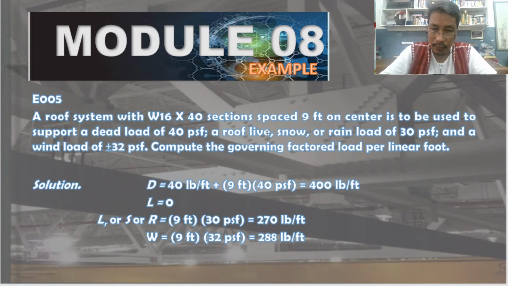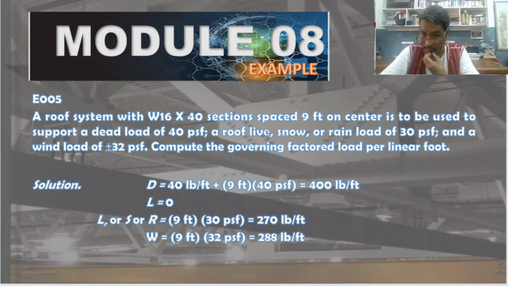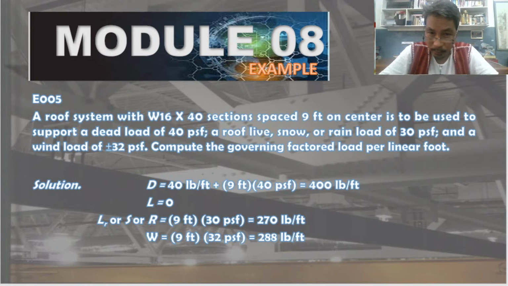Unlike in example 4, now we have a roof live load and snow or rain load of 30 psf, and a wind load of plus minus 32 psf. Take note, we have plus or minus. Compute the governing factored load per linear foot.